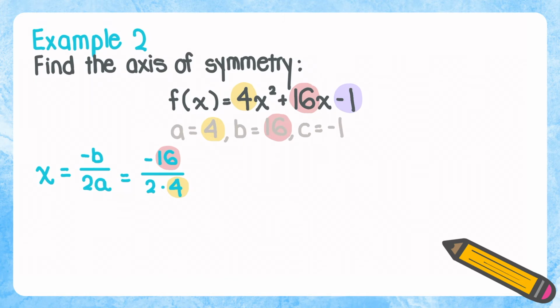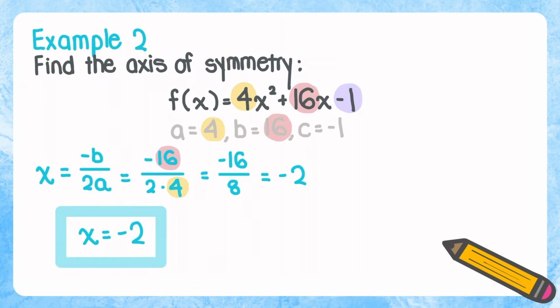Next, we multiply in the denominator, so the top stays the same. What's 2 times 4? 8. So I have negative 16 divided by 8, which equals negative 2. Our axis of symmetry is x equals negative 2.